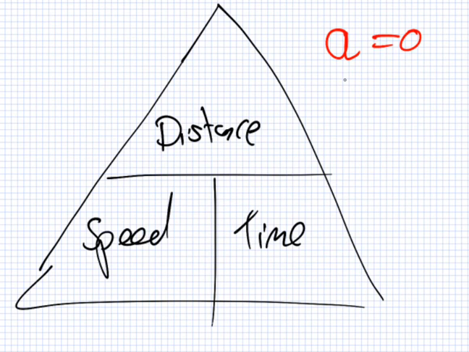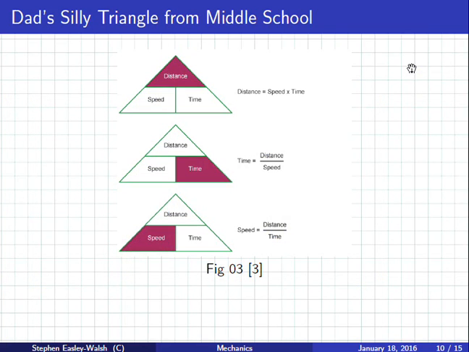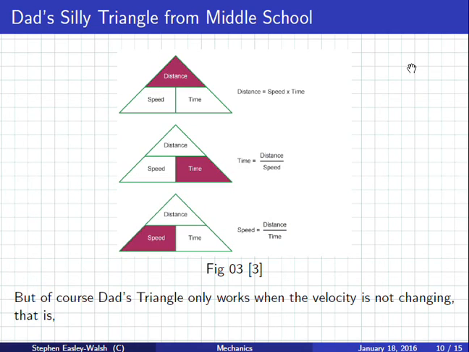Velocity can be positive or negative, but speed is positive. Displacement can be positive or negative, but distance is positive. Right, what have we got? Velocity can be positive or negative, speed only positive, displacement can be positive or negative, distance only positive.